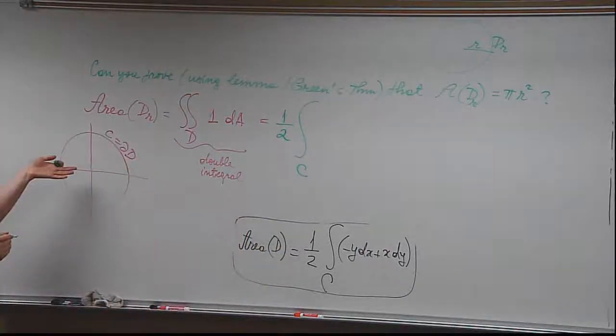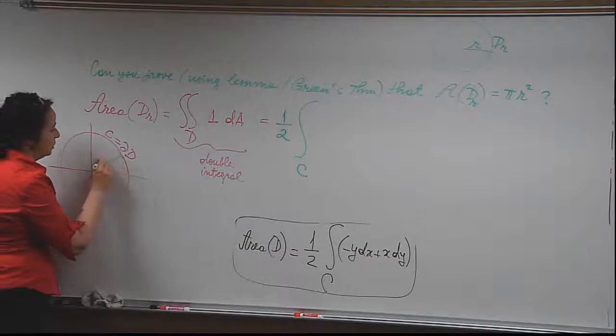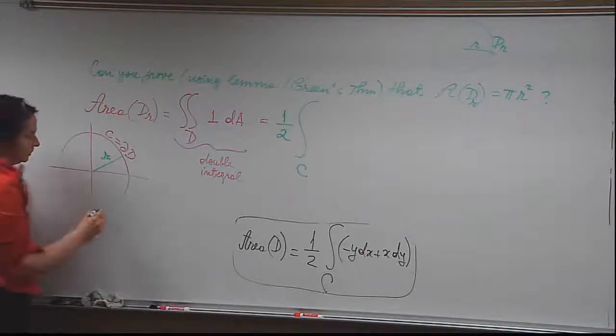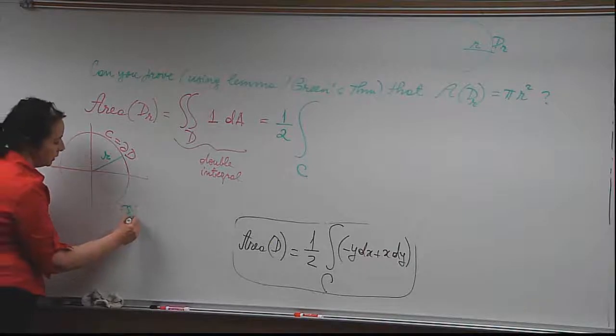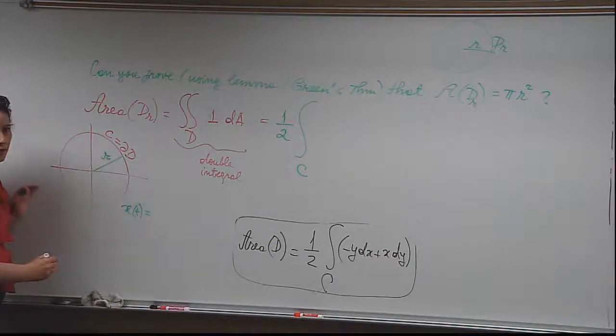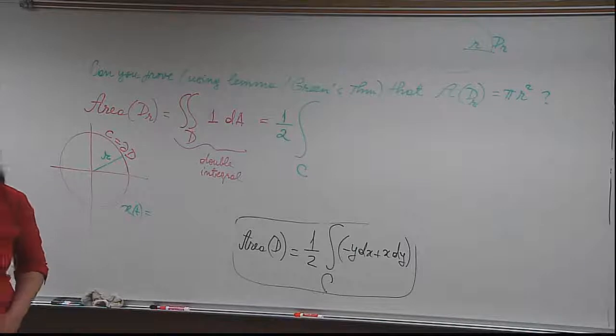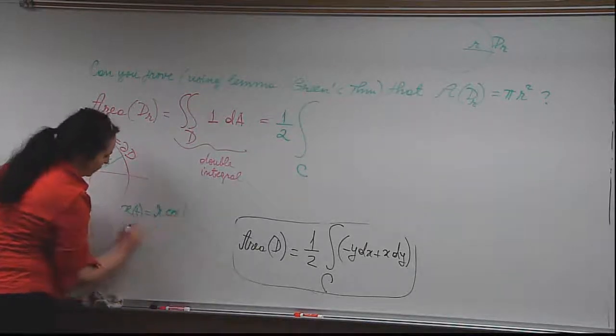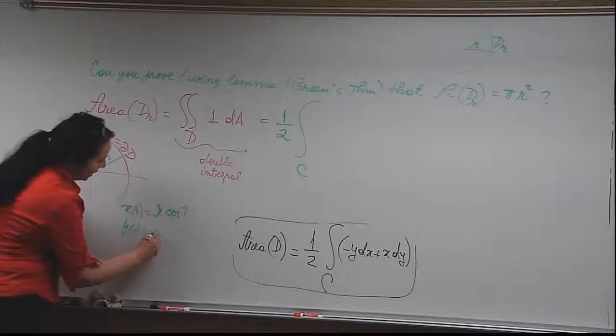And how do I parameterize a circle of fixed radius r? Who tells me? X of t will be, that was chapter 10. Everything is a circle in mathematics. R cosine t, excellent. Y of t is r sine t.